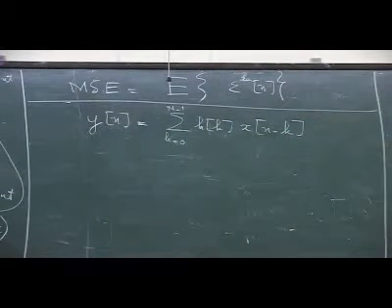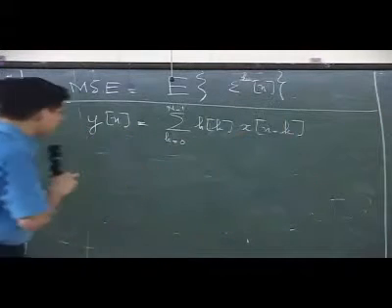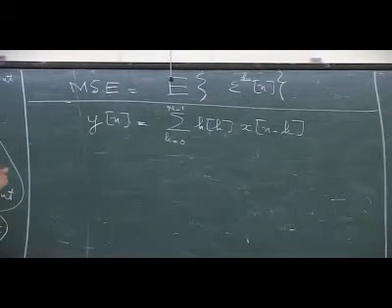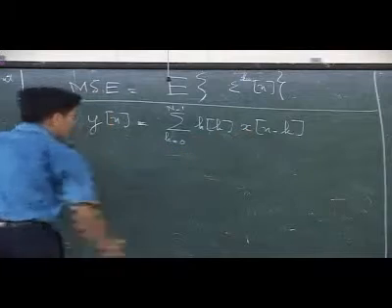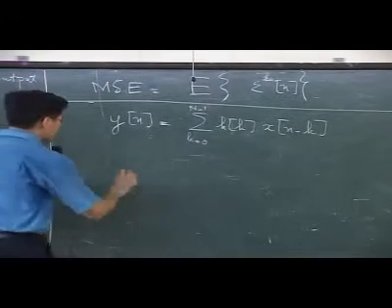Now, to make this easy to analyze, I'm going to turn this into vectors. Maybe you can see what this convolution looks like.